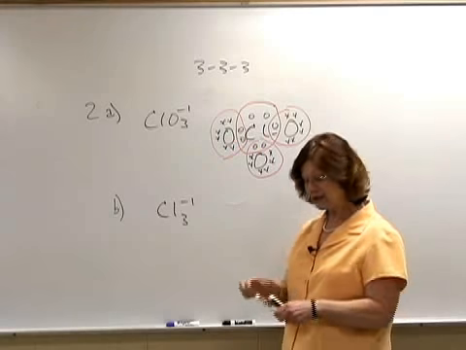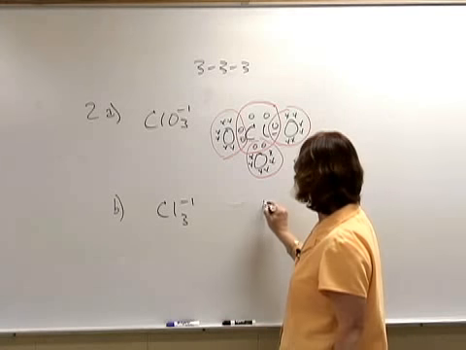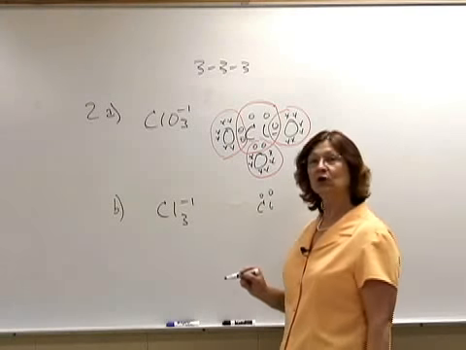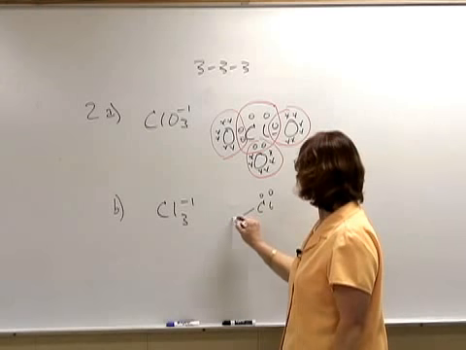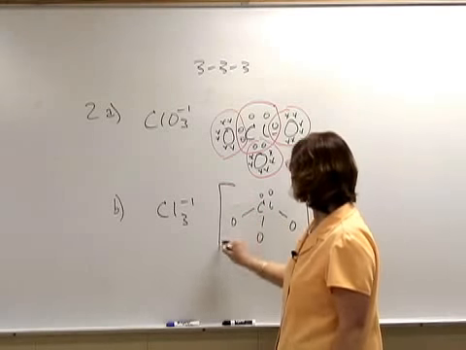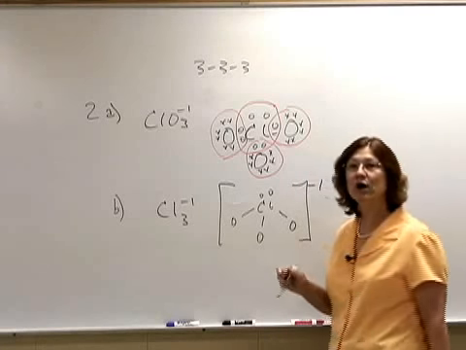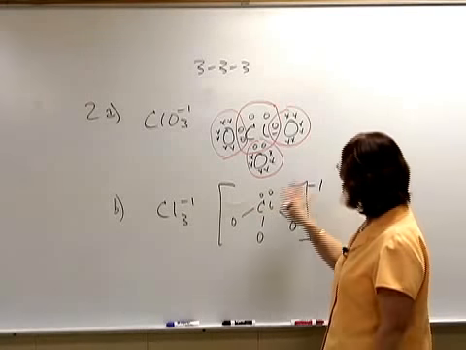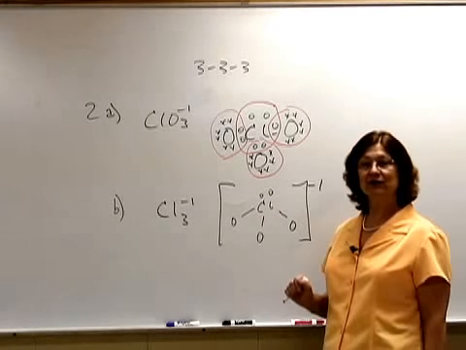And when I draw the line structure, then I see easily that I have 1 lone pair of electrons and 3 bond pairs. And when I have a charged particle, I need to show that it's -1 so that I took care of that additional electron.